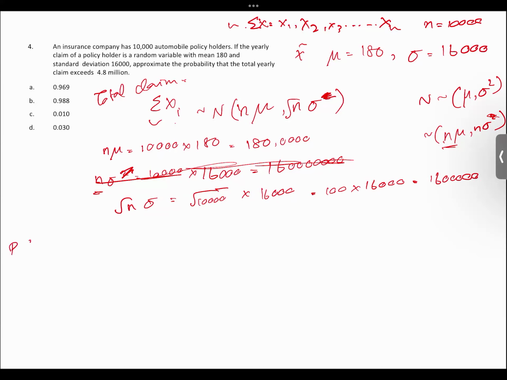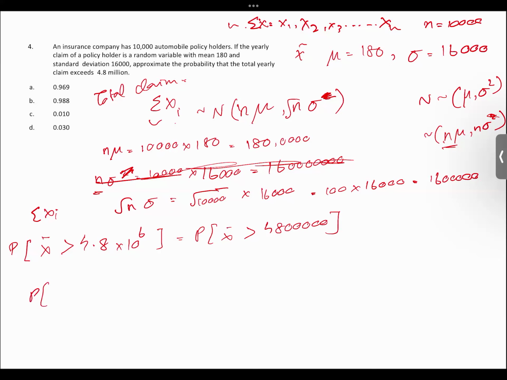Okay, now what do we need to calculate? We need to calculate the summation of Xi. It has to be greater than 4.8 million. Million has 6 zeros, so 4.8 into 10 power 6. So let's approximate this.